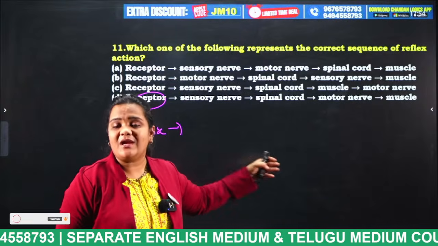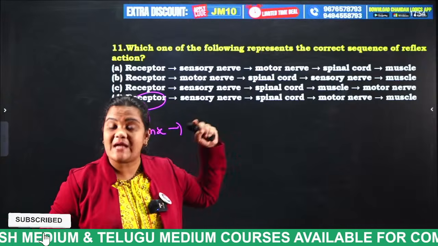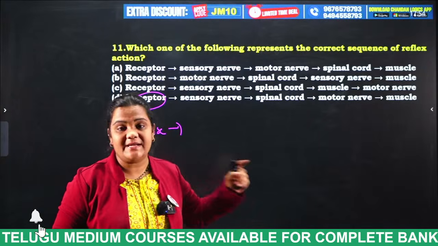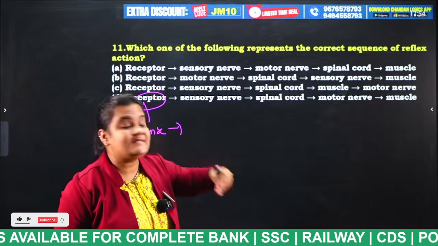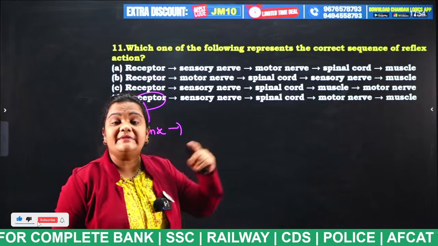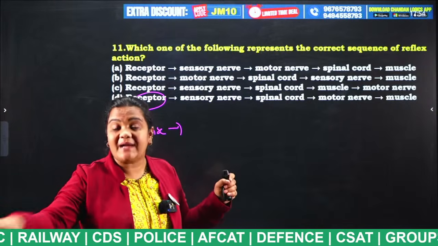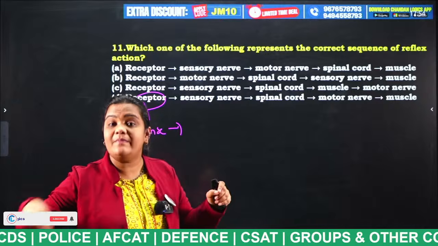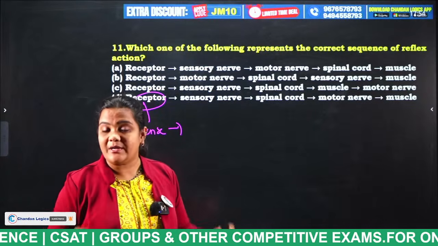What will the spinal cord do, students? It processes the signal that has come from the sensory nerve. Finally, this processed signal is sent to the motor nerve. The motor nerve sends that signal to the target organ, and that organ will respond with the reflex action. Very, very important concept.